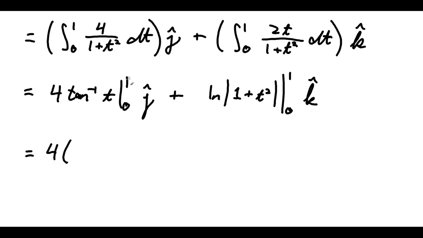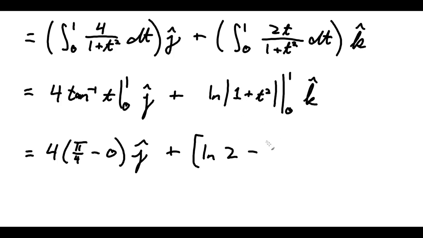So we have 4 times, let's see, arctangent of 1 would give us what? Pi over 4 minus the arctangent of 0. We have the natural log of plugging in 1 here, we get 2, minus the natural log of plugging in 0, we have 1, times k.